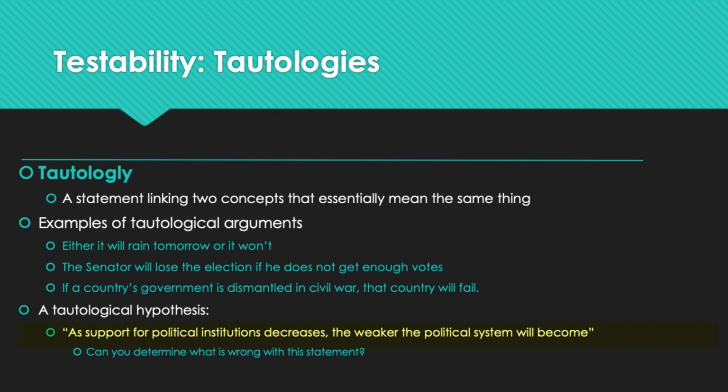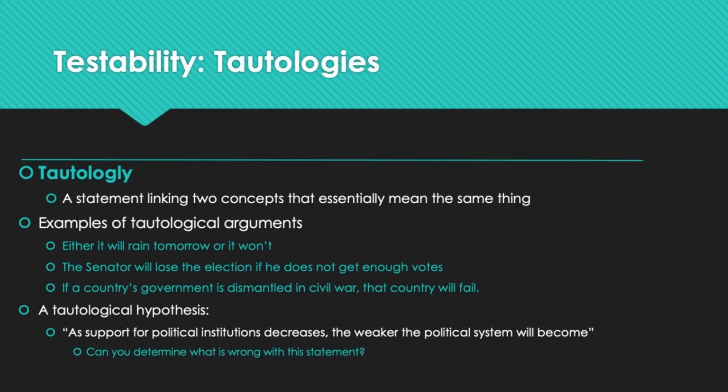Well, yeah, if people don't have faith or support the political institutions of their government, then that obviously doesn't seem like a very powerful, legitimate, strong government, right? This is very problematic logic because institutions are an inherent component of any political system. And in this example, the two concepts are so similar to one another that the statement is always true.